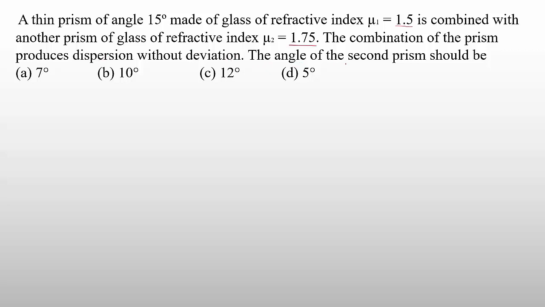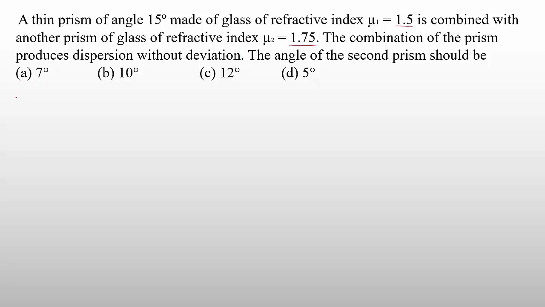Then the angle of second prism should be. So here there are two prisms. So these two prisms are combined here so that dispersion of light takes place without deviation. Now we have to calculate angle of prism, that is angle of second prism we have to calculate.